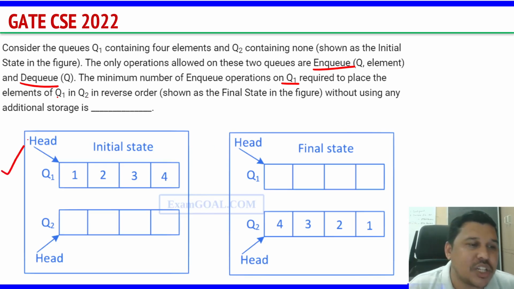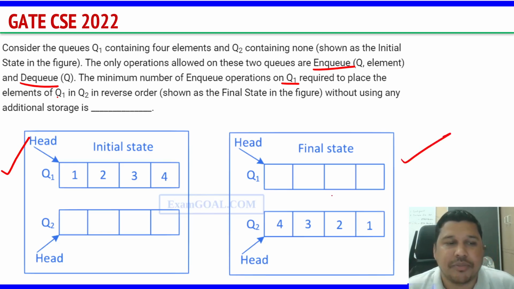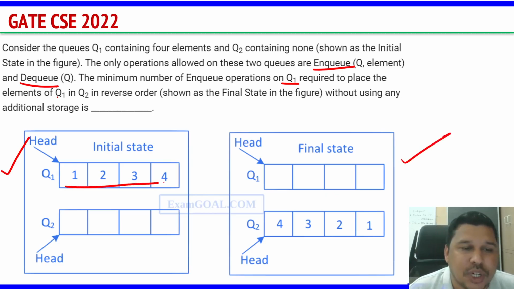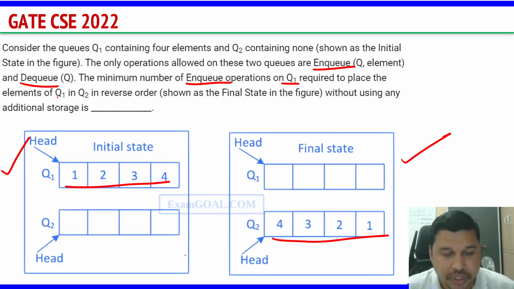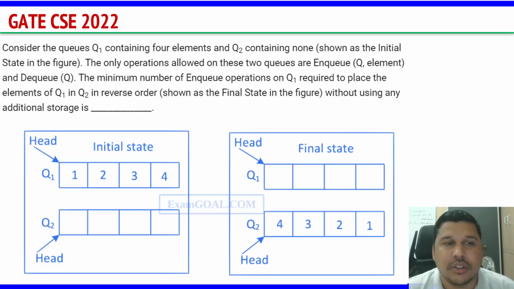So this is the initial state, this is the final state. Q1 is like this, 1, 2, 3, 4. They want us to fill Q2 like this, 4, 3, 2, 1. So how many NQ operations should you do to make Q2 look like 4, 3, 2, 1? You just guess the count.